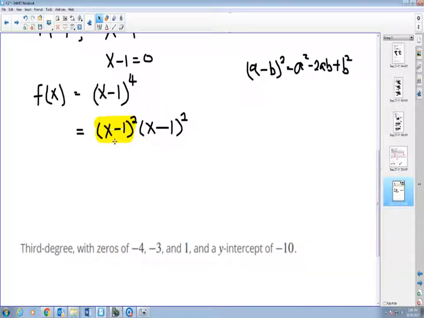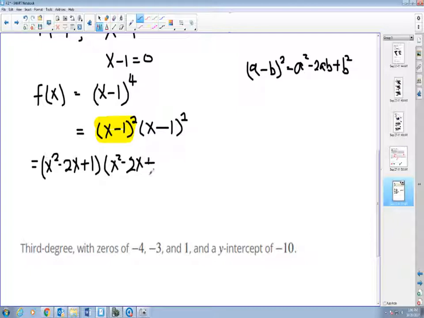So x minus 1 whole thing squared, what I can do is follow that formula. So that will be a squared, minus 2ab, 2 times my a times my b is 2x, plus my b squared, that will still be 1. And this second part is going to be the same thing: x squared minus 2x plus 1.